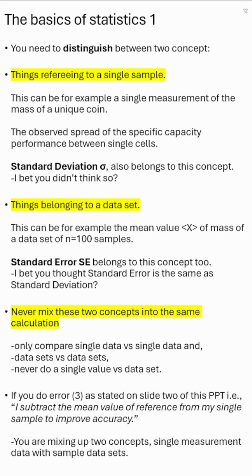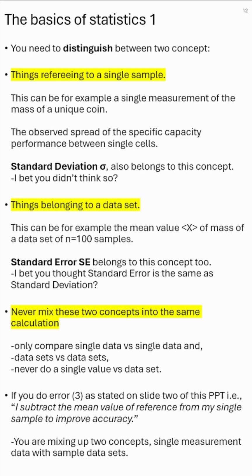And the observed spread you see between different measurements like that we call the standard deviation, sigma. So standard deviation is something that relates to single samples, so the domain of single samples.